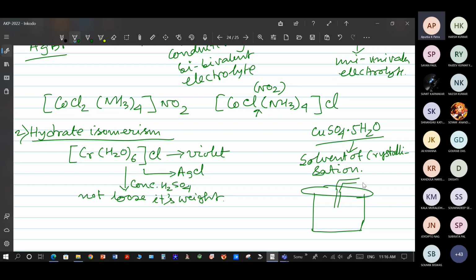Keep concentrated H2SO4 in a beaker, which is highly hygroscopic and can take water molecules from other compounds if they are not directly bonded to the metal center.